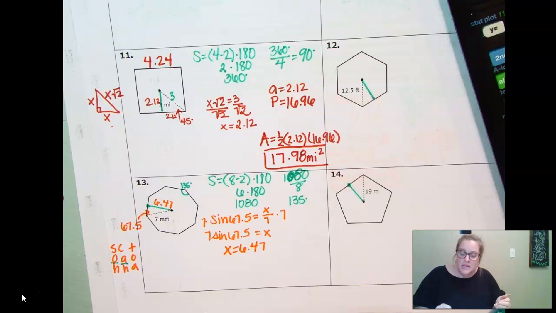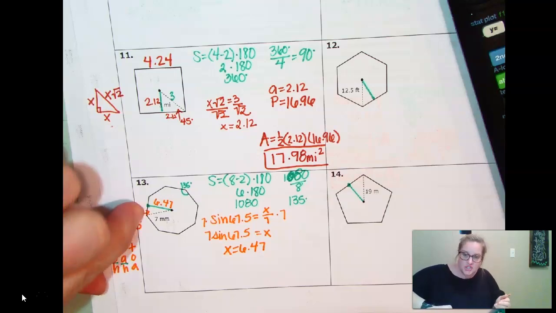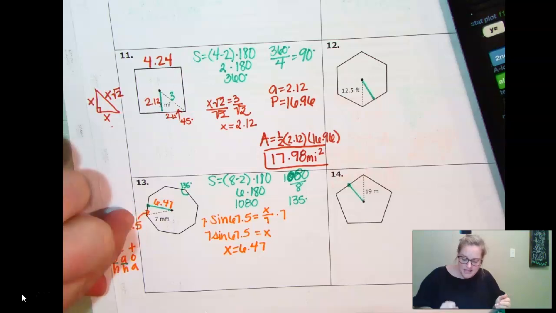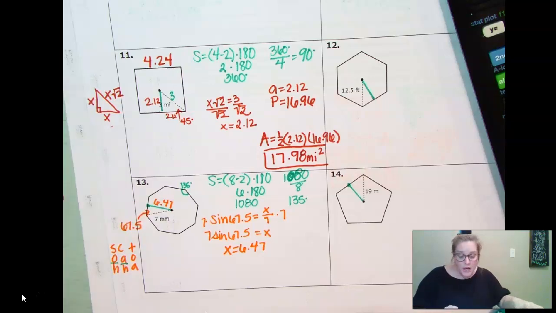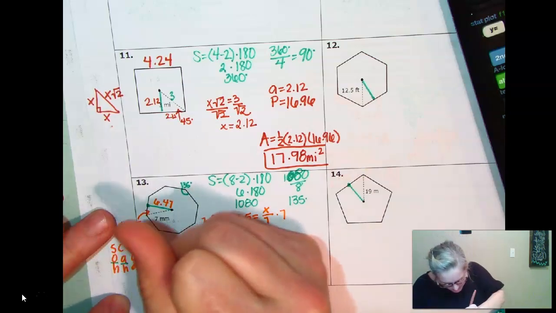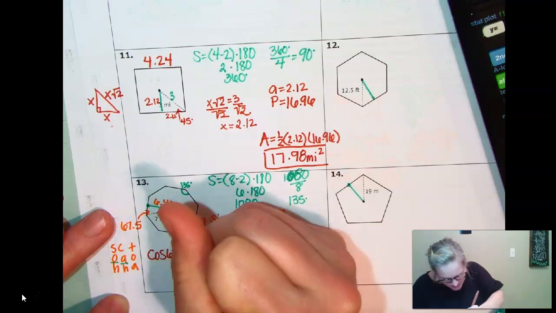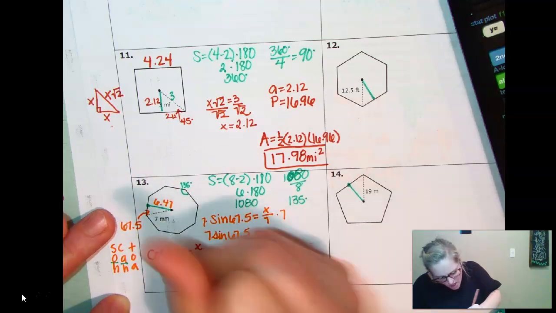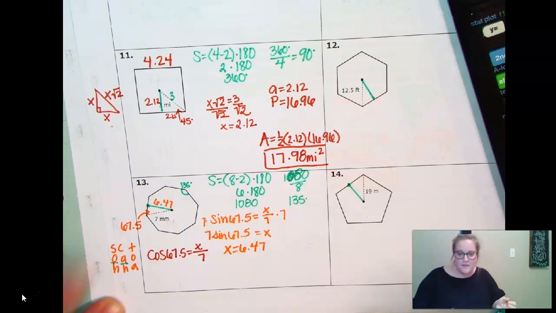Now I need to find the adjacent side, which is right beside that angle, so I have to do cosine. So I'm going to do the cosine of 67.5, that's going to be the adjacent, which is my unknown, over the hypotenuse, which is 7.